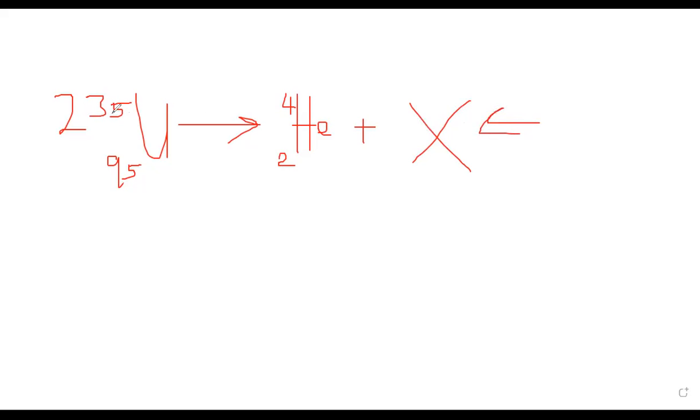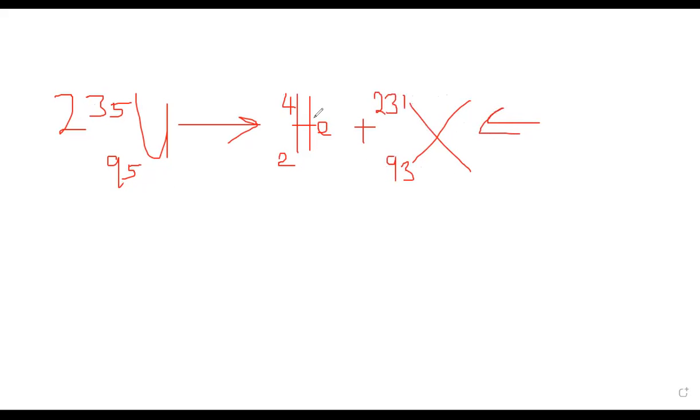So 235 minus 4 is 231. And 95 minus 2 is 93. So this is the new element that will be formed. This plus this must give you 235, and this plus this must give you 95.